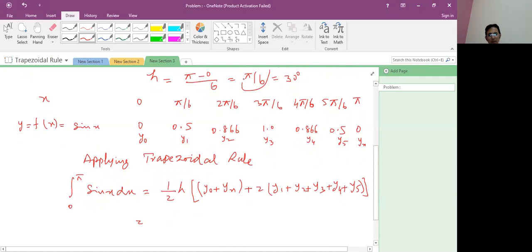h is pi by 6. So it means pi by 6 over 2. What is y0? 0 plus 0, it is y0 plus yn, plus 2 times 0.5 plus 0.866 plus 1 plus 0.866 plus 0.5.